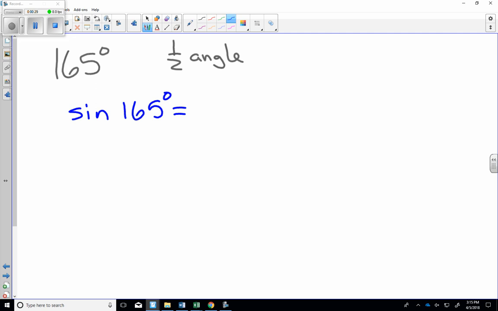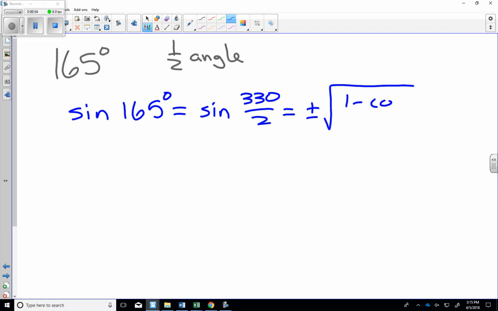you would have to figure out what angle can you take half of to get to 165? And that would be the sine of 330 divided by 2. And from that, we know that sine of a half angle is plus and minus the square root of 1 minus cosine of x over 2.